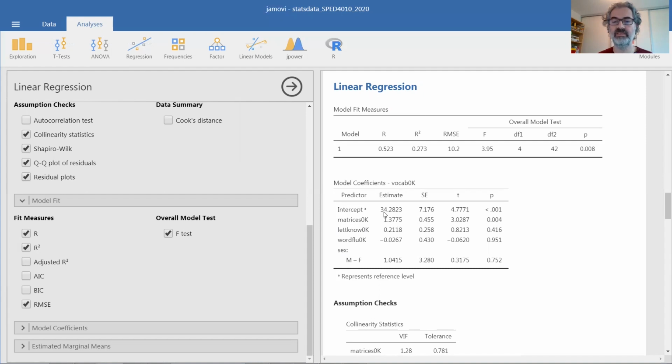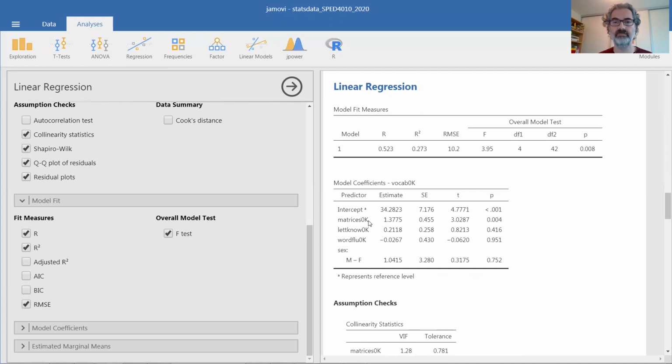What this means is that our predicted vocabulary in kindergarten increases by 1.4 points for each additional point gained in the matrices test, as long as there is no change in the other predictors.